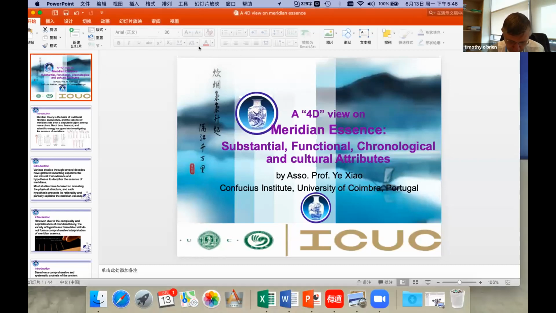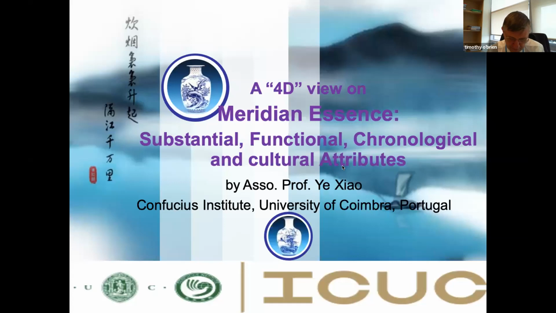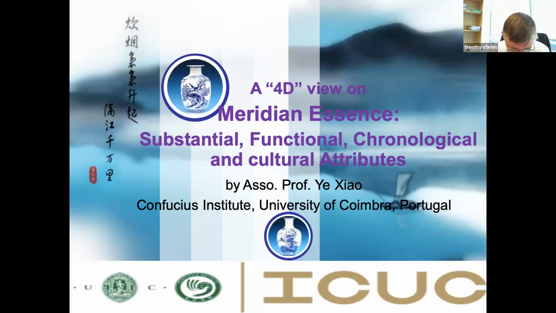He's the author of 6 papers in SCI index journals and the chief editor or translator of 12 books in the field of Chinese medicine. He's going to present a 4D systemic view on the Meridian essence: substantial, functional, chronological, and cultural attributes. Thank you very much, Professor Xiao.